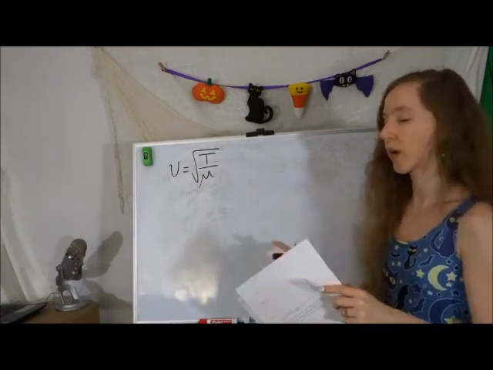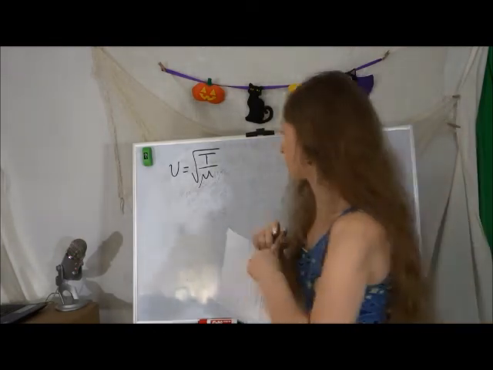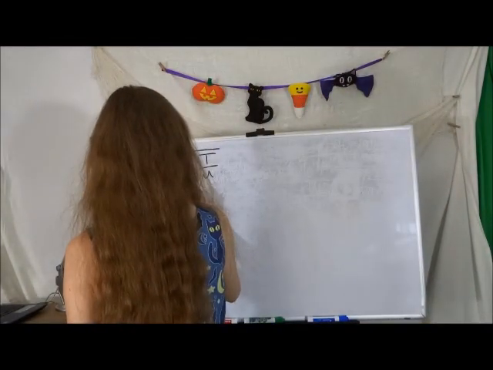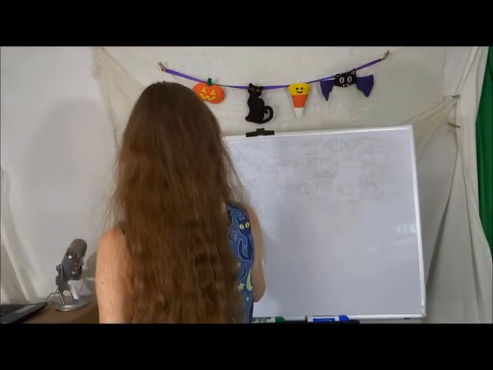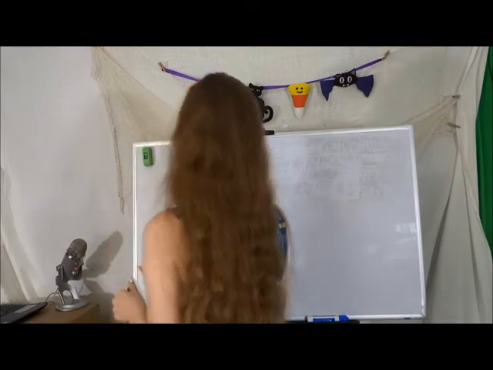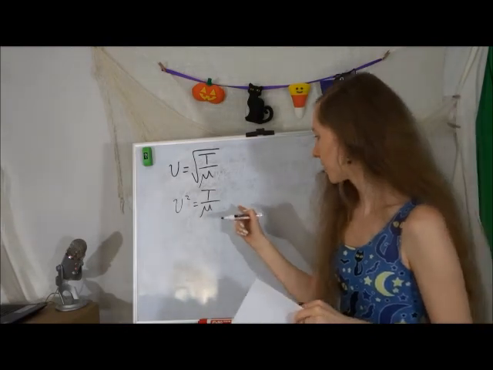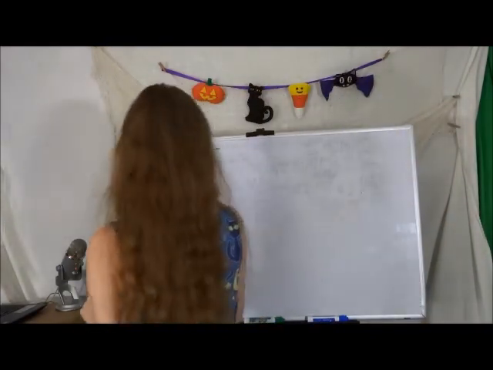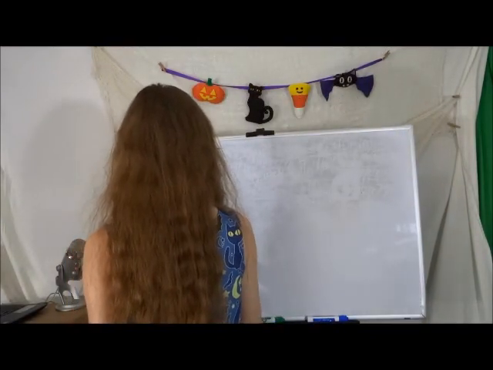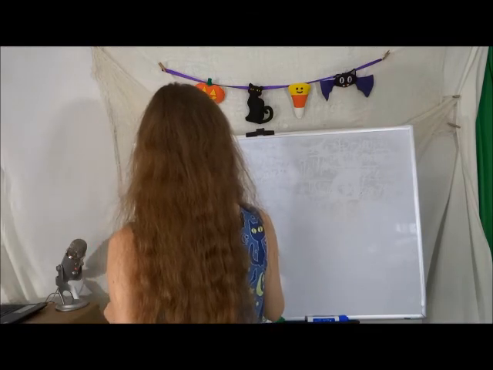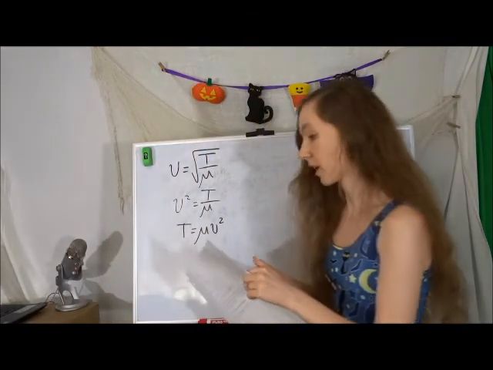So I'm just going to start by squaring both sides. So we're going to have v squared is equal to tension divided by linear mass density. And then I'm going to multiply both sides by mu, and so we're going to have that T is equal to mu times our speed squared.